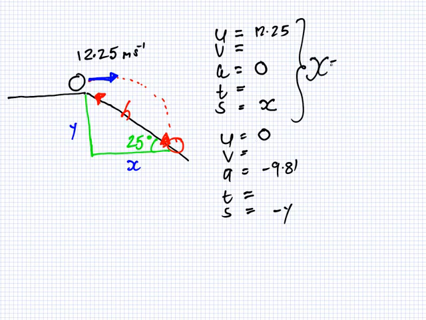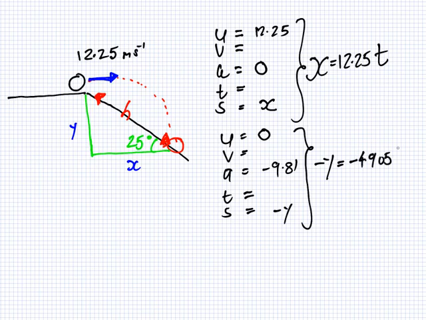Here, S equals UT, which is 0, plus a half A, so a half times minus 9.81, which is minus 4.905 T squared.